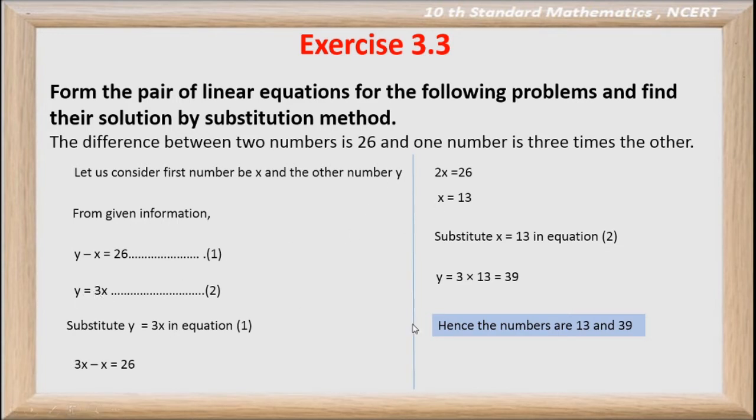And y equal to 3x. Here y is 39, and this 39 equals 3 into 13. We got that 3 into 13 is 39. So this statement is correct. So we got the x and y values by the substitution method.